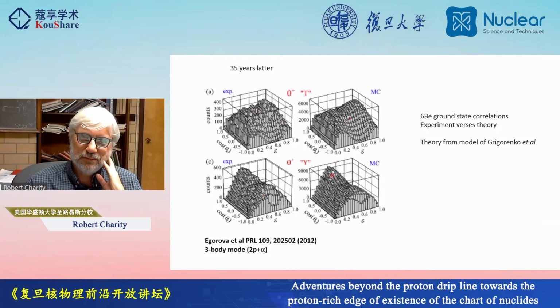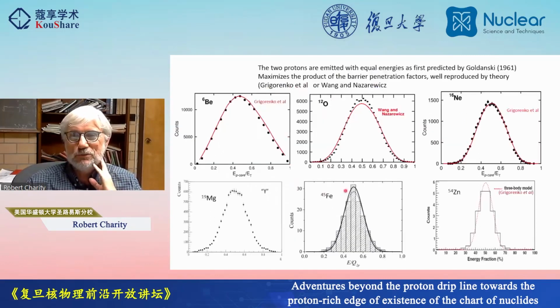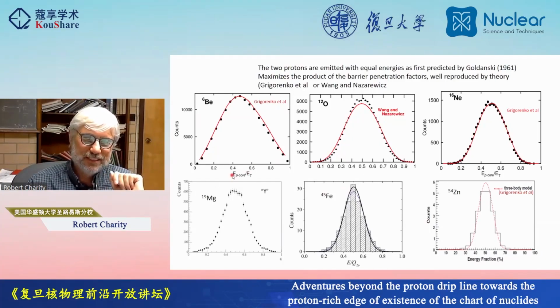And this is the predicted theory by Leonid Grigorenko's group back then. And you see the reproduction of the correlations is extremely good. So we're at a stage where we can predict these things. There's one aspect of the correlations that is very easy to explain. Imagine one of those dimensions I mentioned could be this axis, and that is the relative energy between one of the protons and the residual, or sometimes I call it the core, divided by the total decay energy.